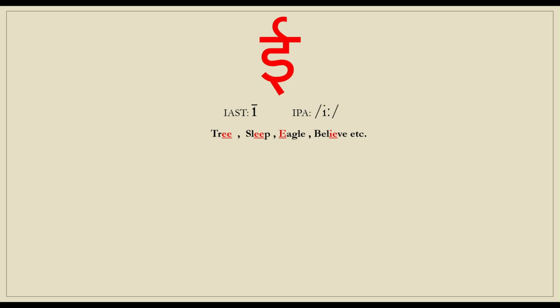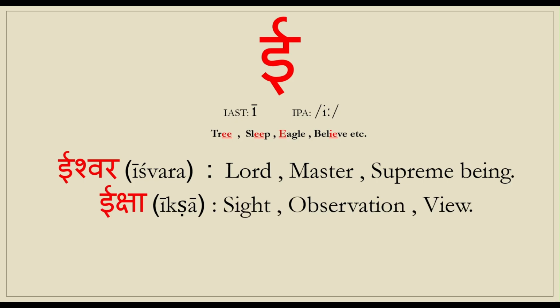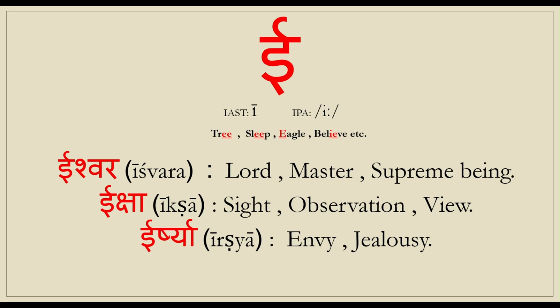That e sound that you find in these words is of longer duration compared to the previous one. In Sanskrit, the examples are the word Ishvara, which is Lord, Master, or Supreme Being, the word Iksha, which means sight, observation, or view, and the word Irshya, which means envy or jealousy.